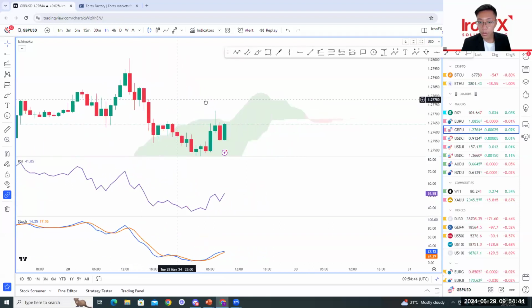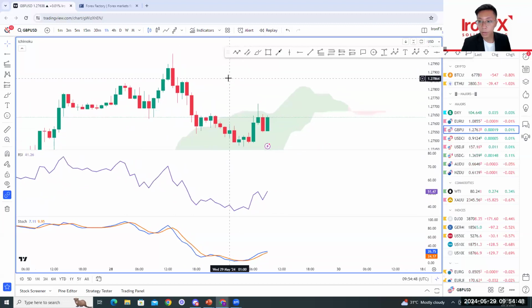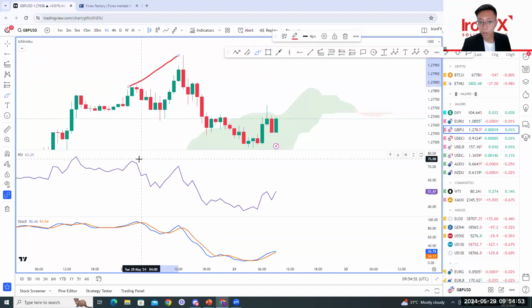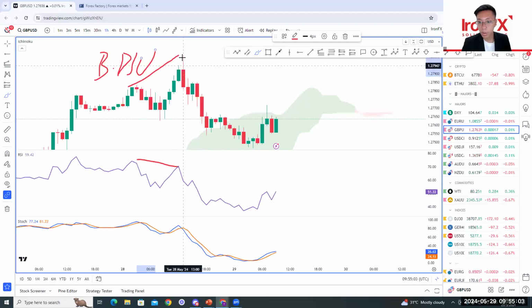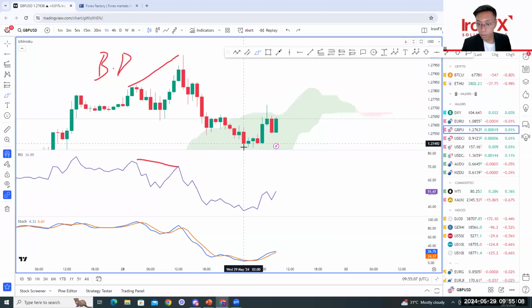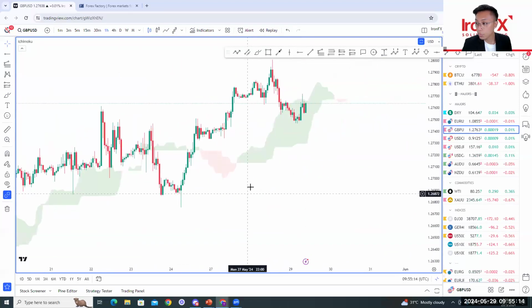Yeah, so I found an example of divergence, right? We can see right here, we have a higher high created, right? But on the RSI chart, we have a higher low. Okay, so this is our bearish divergence. Okay, so that's why price actually came down. All right, so practice divergence and you'll be able to realize that divergence is actually useful.